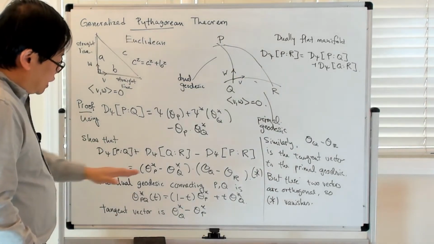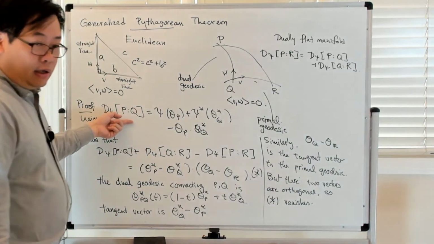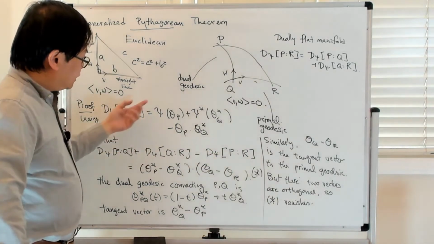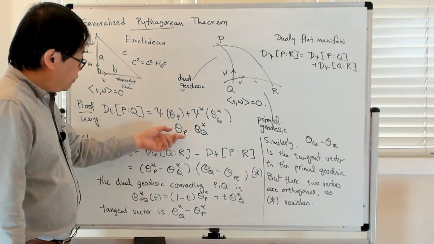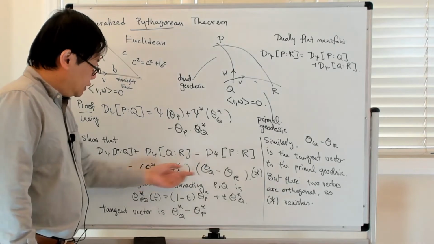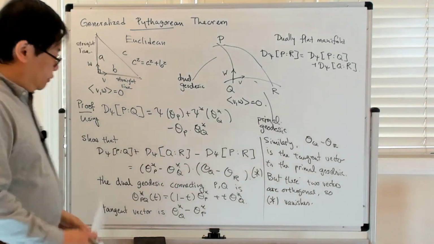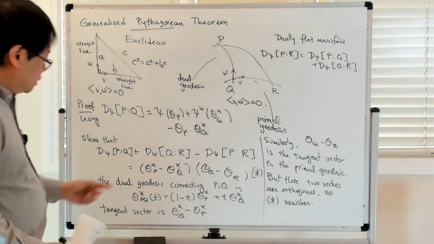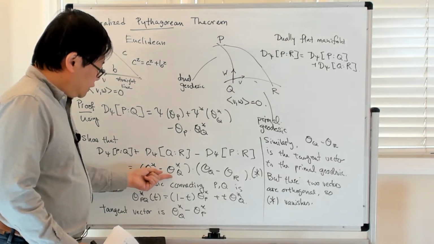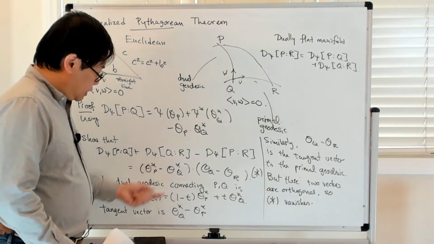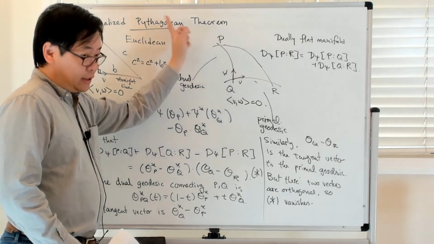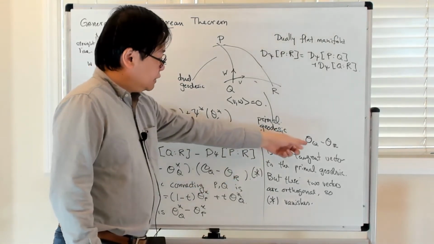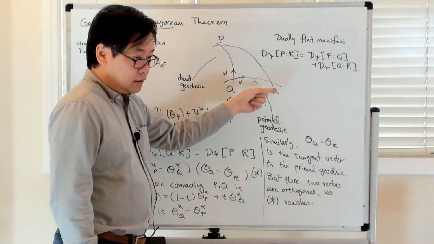And again, just to recap, you apply this definition of the Bregman divergence to each of these terms. What you'll find is that a whole bunch of terms will cancel out, and what you're left with is basically this inner product, or dot product, between two vectors, okay? And this calculation is basically identifying this vector as being the tangent vector to the dual geodesic curve, and a similar argument allows you to show that this term here is the tangent vector to the primal geodesic, okay?